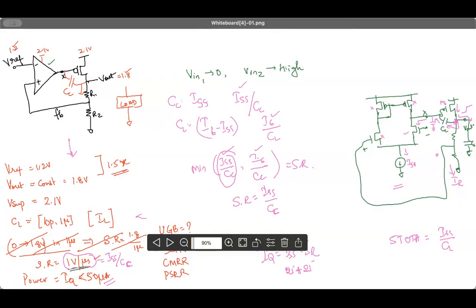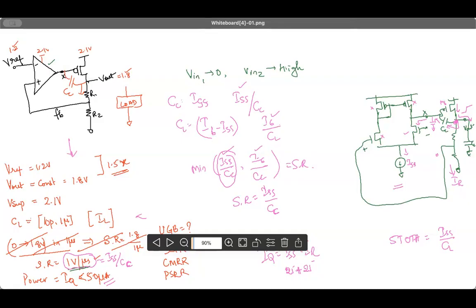ISS is the only current that could be pulled out of CC. Hence there is a current I6 being pushed into CL. I6 by CL or ISS by CC, the minimum of this is the slew rate.